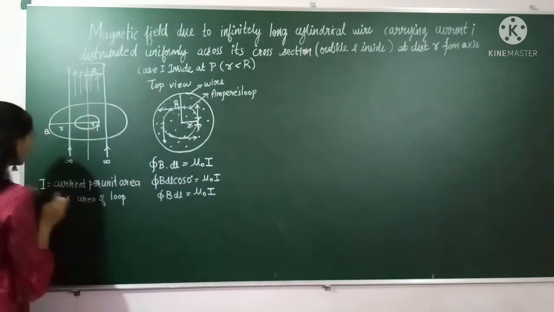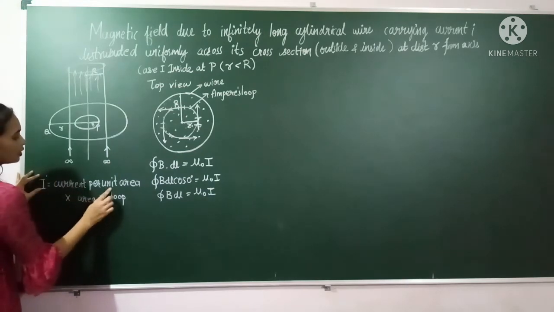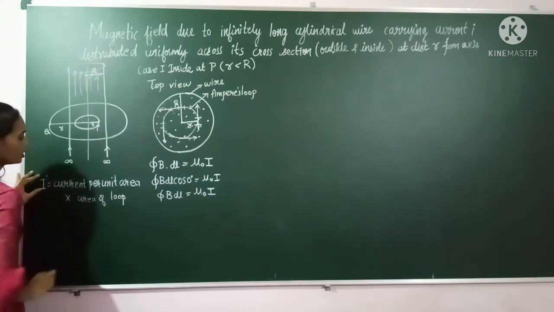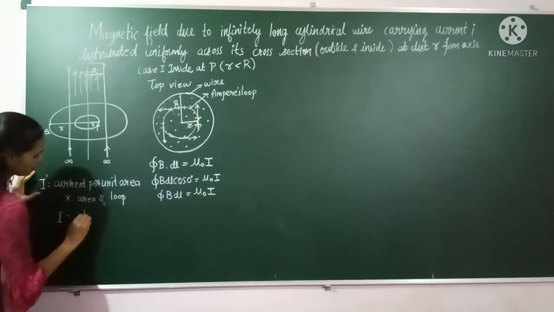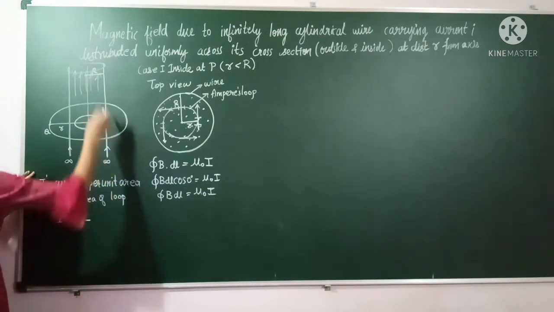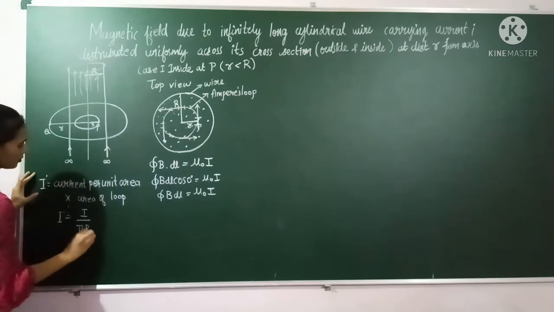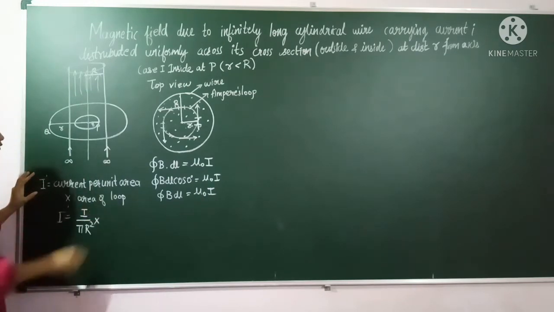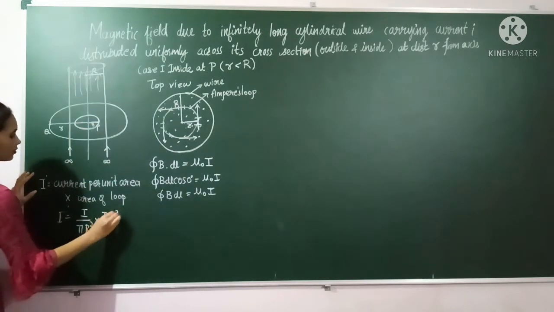So for that, I will take current I dash is equal to current per unit area multiplied by area of the loop. Current per unit area means I divided by the area. Area of this circular cylinder will be pi R square, multiplied by area of the loop. Area of this small loop will be pi r square.